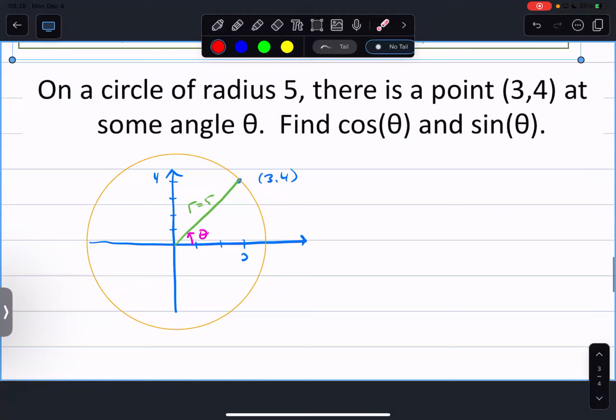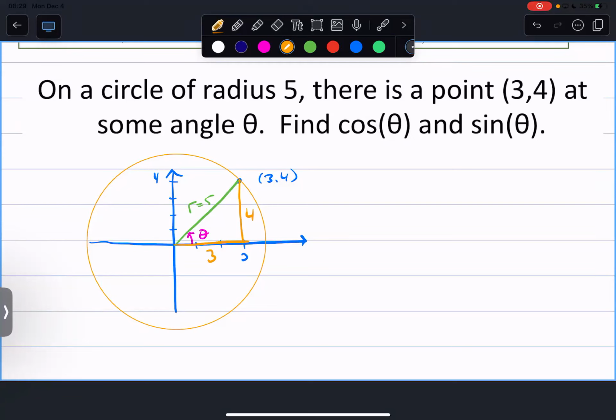Then what would you do? You'd say, okay, well, let's start small here. I can drop this down, and I know that this is 4, because the y value is 4. I know that this distance is 3. And I also know the hypotenuse is 5 because the radius is 5.